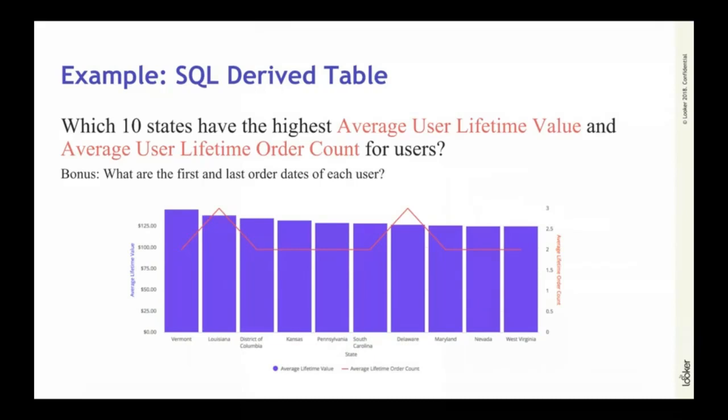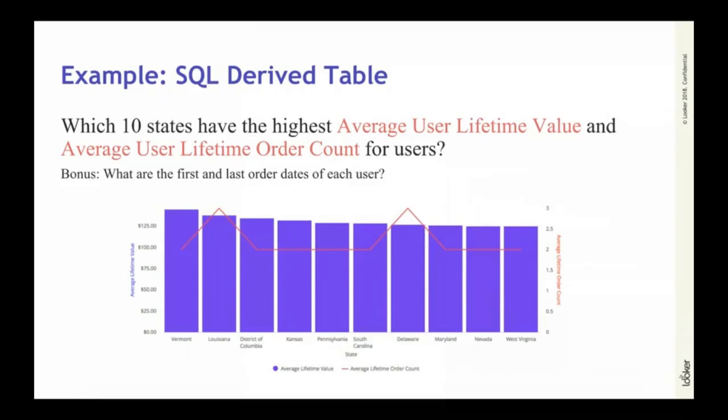And then the little bonus down here just says, what are the first and last order dates for each user? So if we break down this question, you begin to see kind of 2 levels of aggregation needed for the analysis that it's asking for. So what are those 2 levels?